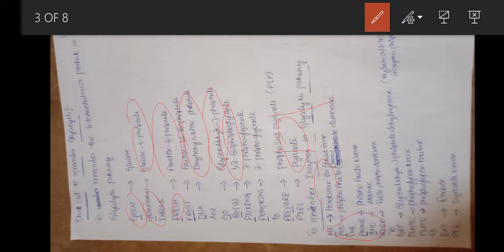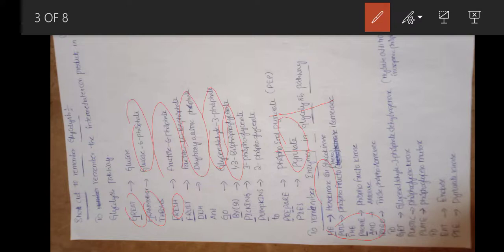Then we need one more kinase, P, that is phosphofructokinase 1. Next, splitting, which enzyme? Aldolase enzyme. Next, isomerase again, that is T, triose phosphate isomerase.